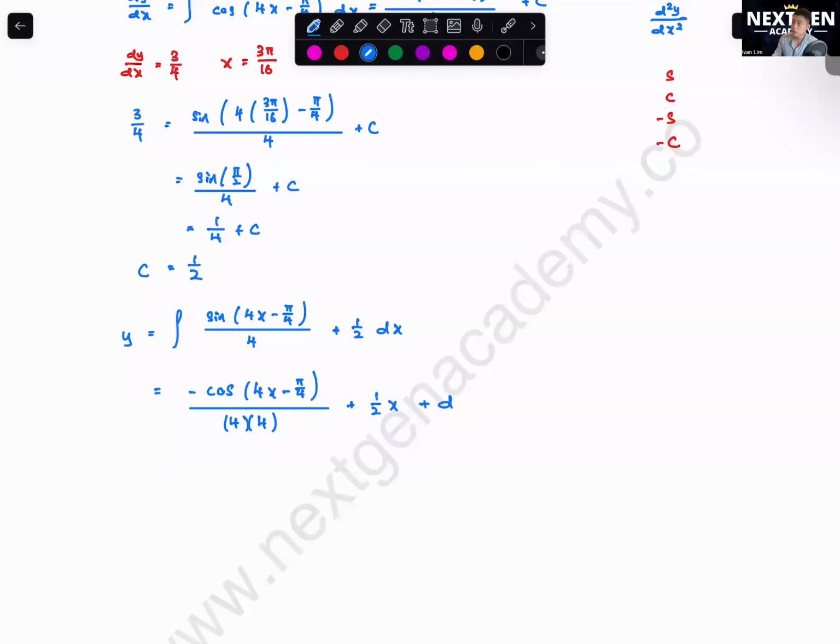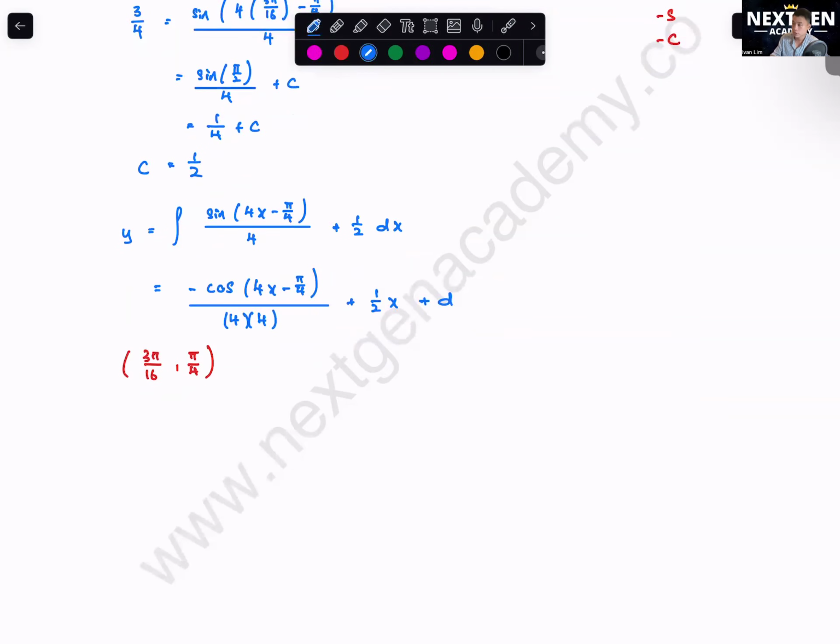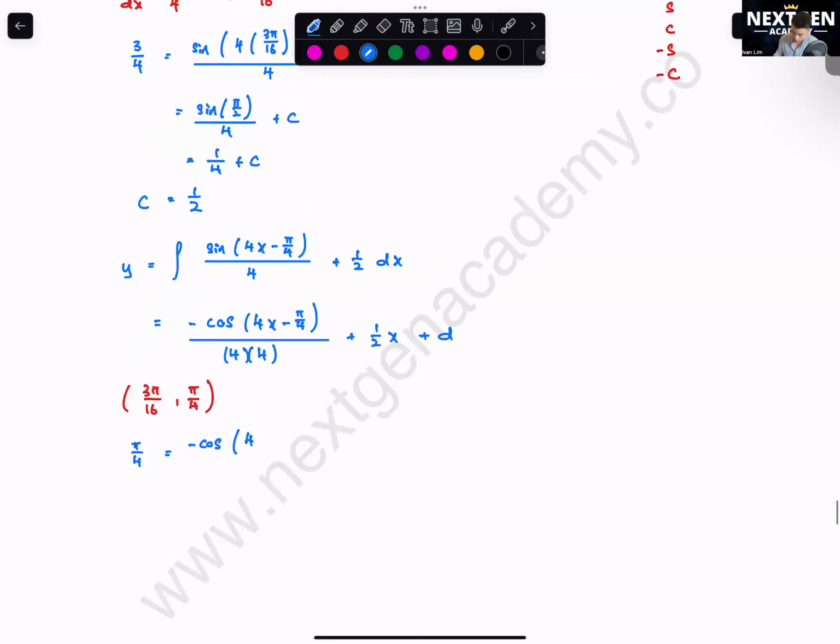Now we substitute in the two values that they gave us, 3 pi over 16 and pi over 4. We substitute into this y. Here will be pi over 4 equals to negative cos 4 times x. Just now actually we got the value already.